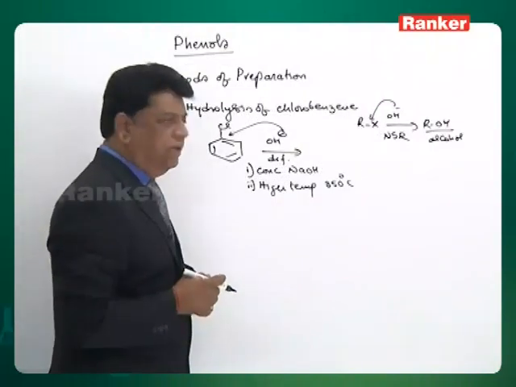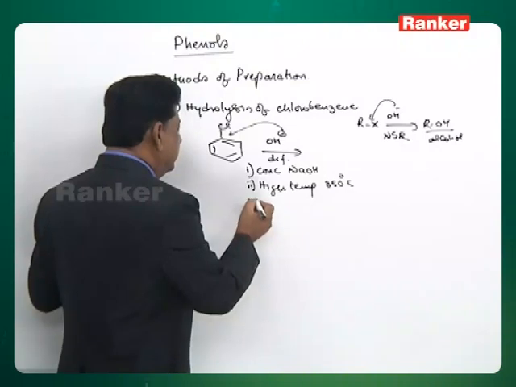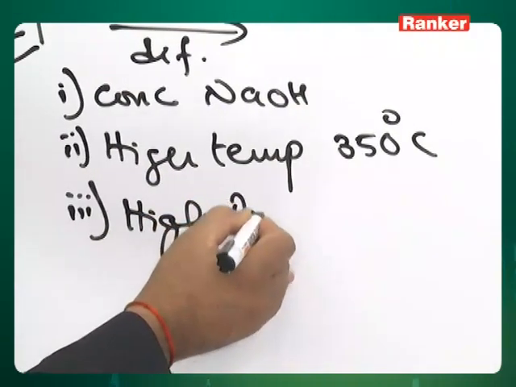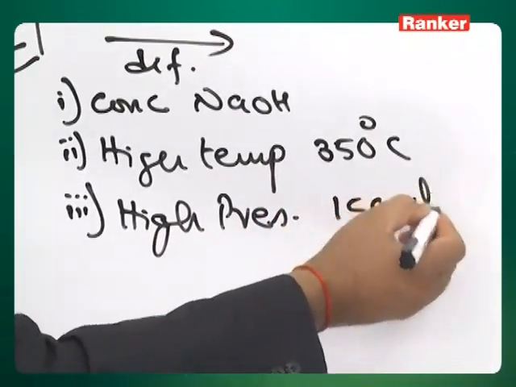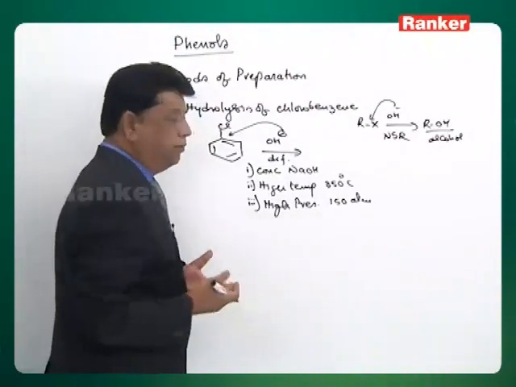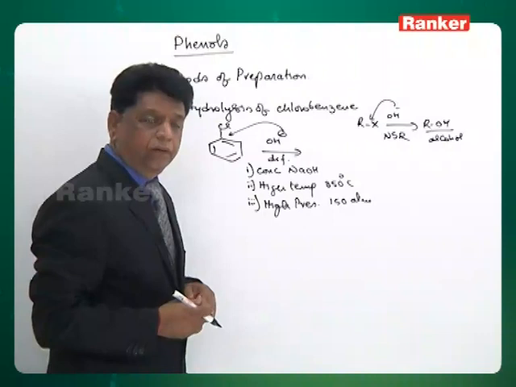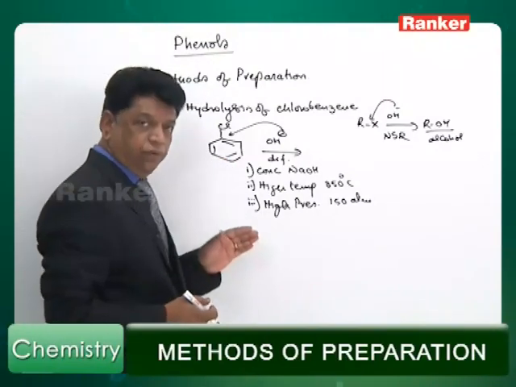This is not really that high a temperature, but the pressure is really high, approximately 150 atmospheres. Normal pressure is 1 atmosphere, so when compared, this is very high. All these three conditions must be maintained.